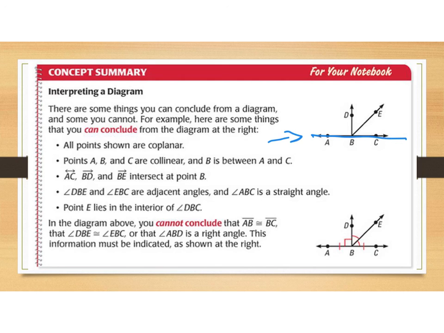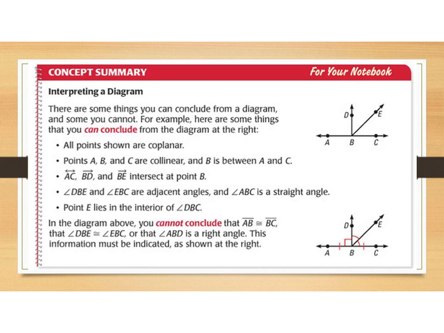But we cannot conclude that this is a right angle because it doesn't have the marking. Or they would have to tell us that they're perpendicular. We also can't conclude that these are congruent because they don't have markings. So if it doesn't have markings, even though it looks like it's the same size, you can't conclude that.